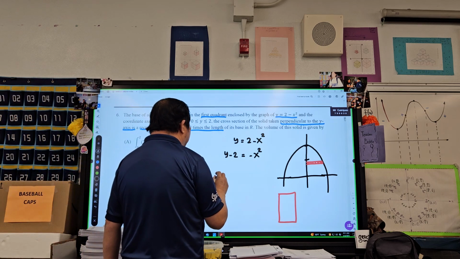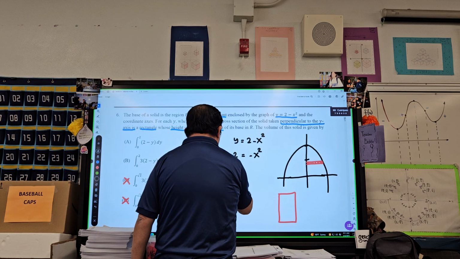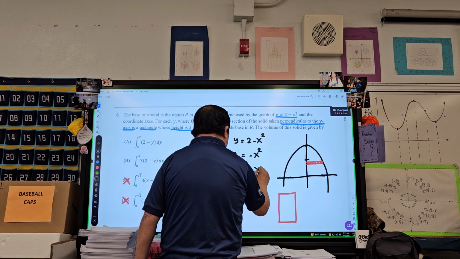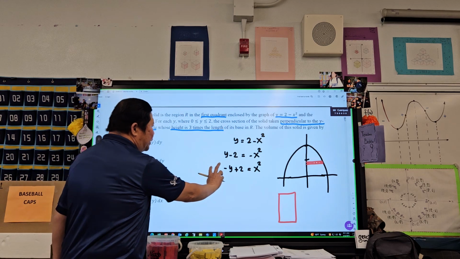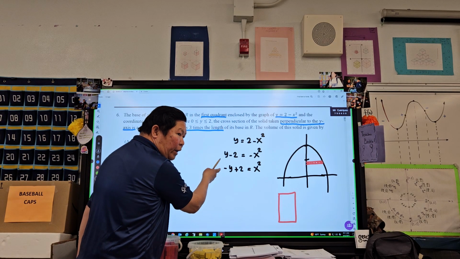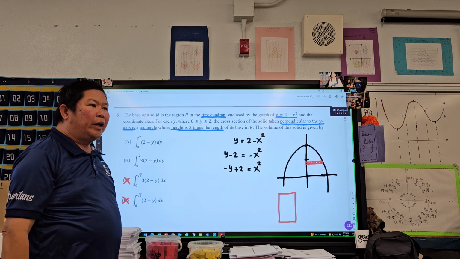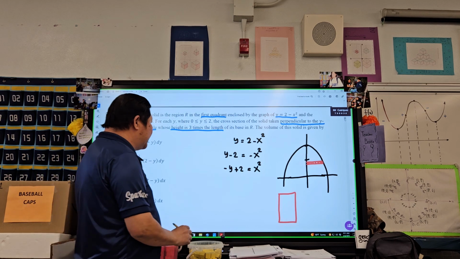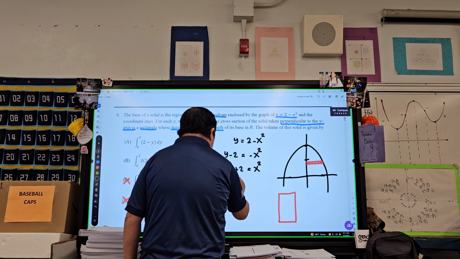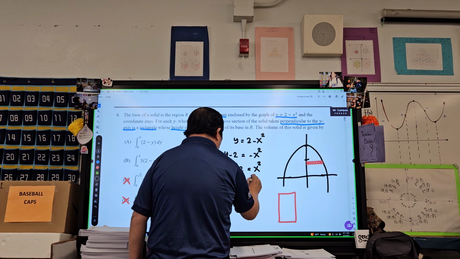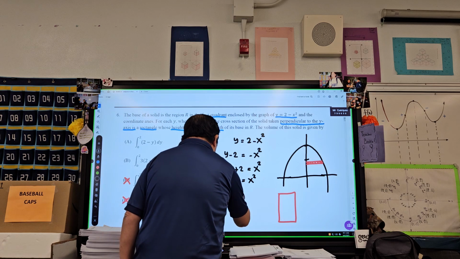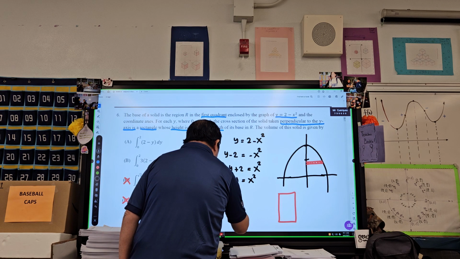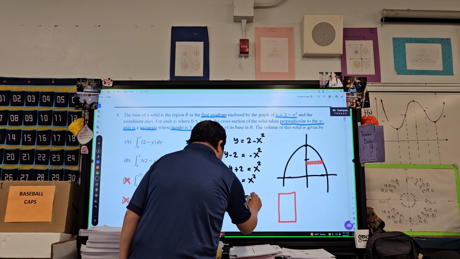Dividing both sides by negative, this means negative y plus 2 is equal to x squared. Okay, and then can we switch the order? Can we write first 2, then minus y? Yes, right? So we say 2 minus y is equal to x squared, and then take the square root of both sides. Therefore, the square root of 2 minus y is equal to x.